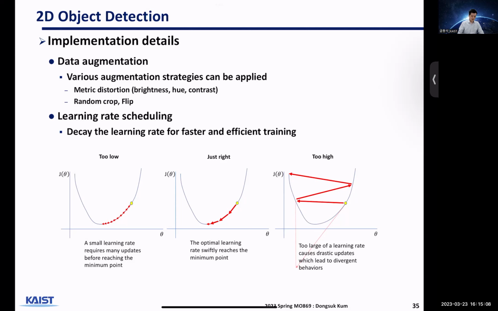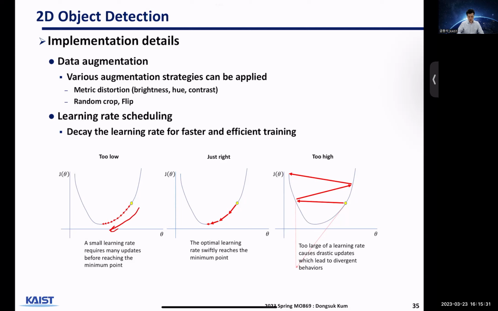And then you might need to do learning rate scheduling. So for instance, if the learning rate is too small, then your convergence may take forever. Okay.